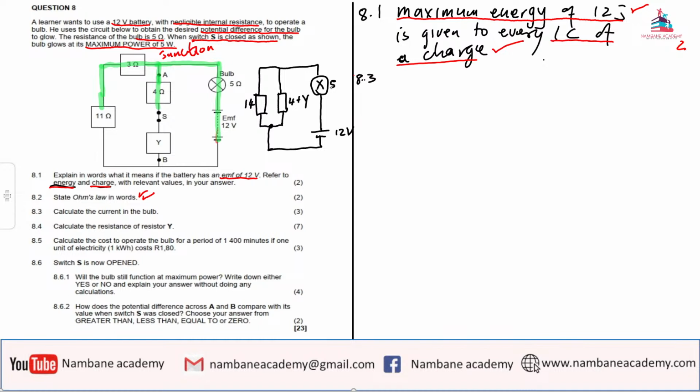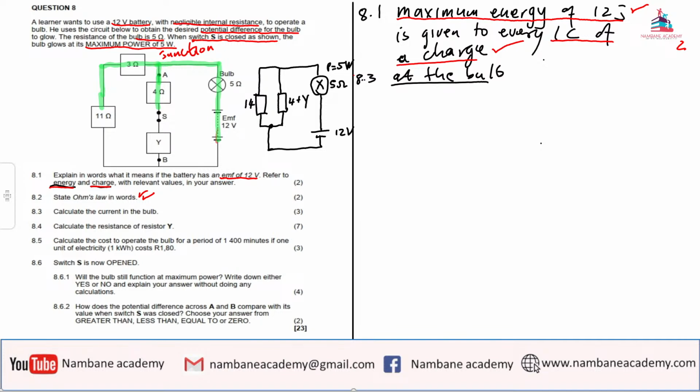After that, the examiner tells us here we have 5 ohms, and the maximum power at the bulb, we are told, is also 5 watts. So where am I in the circuit? I am at the bulb. So remember, I said you need to tell us where you are in the circuit.